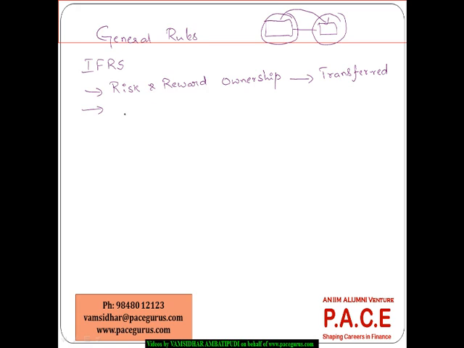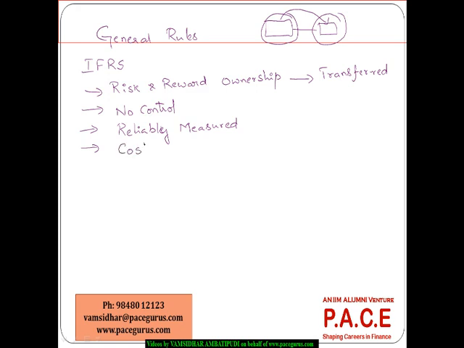And whatever the good that is sold, no control. Now, if I lose the control or the management of this particular good, then I can very well recognize it as a revenue. And there should be a reliability in measurement. The value of it, how much I may be getting out of it, irrespective of whether I get the amount today or later, I should be able to measure the value of it reliably.